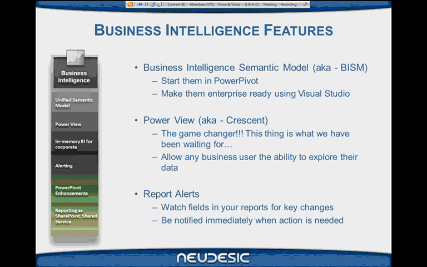There's different key features that I'll call out in a few slides past here. You could also make them enterprise ready using Visual Studio. So you could take these PowerPivots, import them into Visual Studio, and create a tabular instance right from the metadata inside of that PowerPivot.